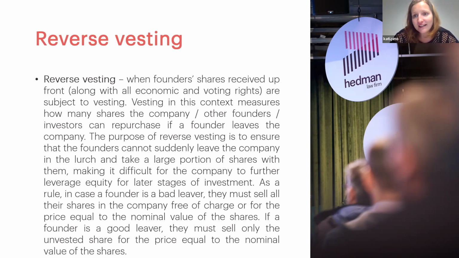But if the others are still interested in working on the company, working on the business, then they don't want to have this dead weight in the capitalization table, in the ownership structure. If you have reverse vesting provisions included, then you get to buy out such a person.